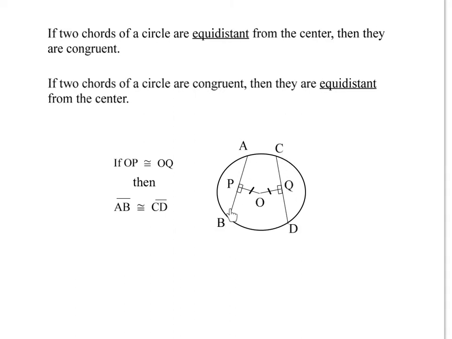They're the same distance away. Or if I say AB is congruent to CD, that means OP is congruent to OQ, where the chords are the same distance away from the center. And that's what equidistant means.